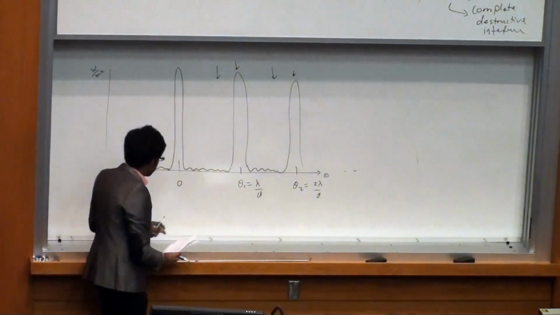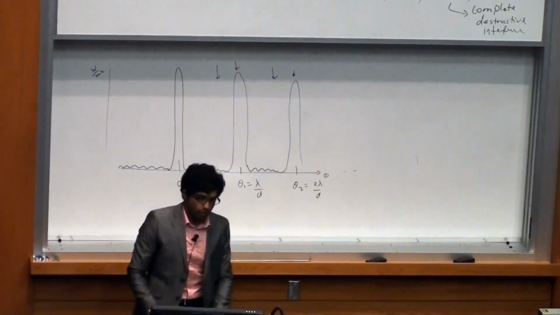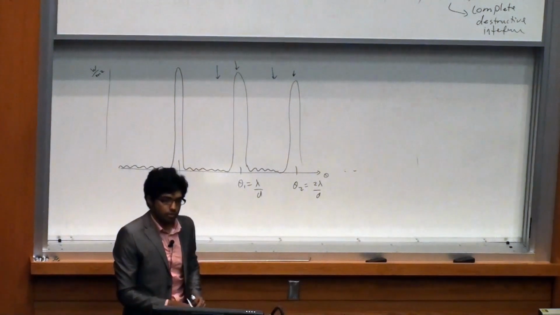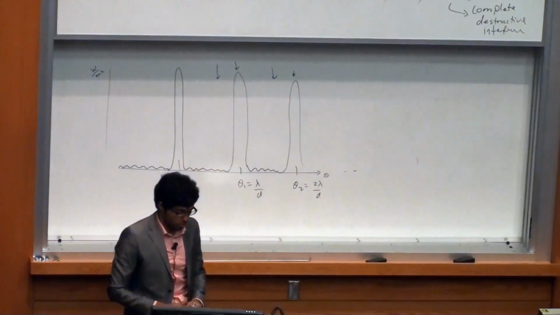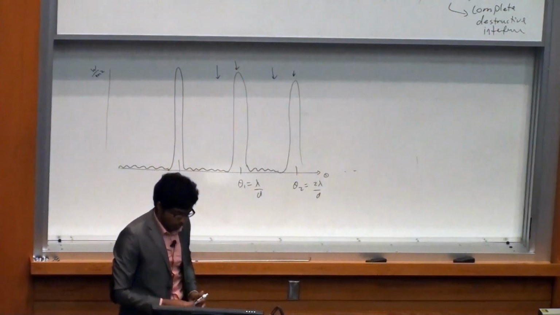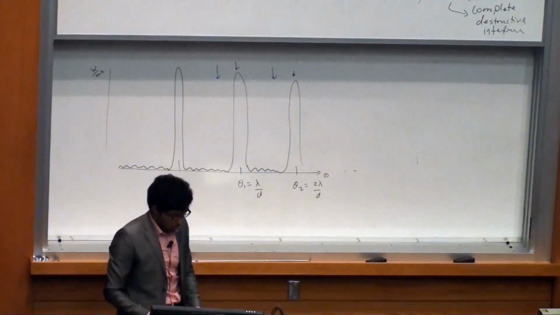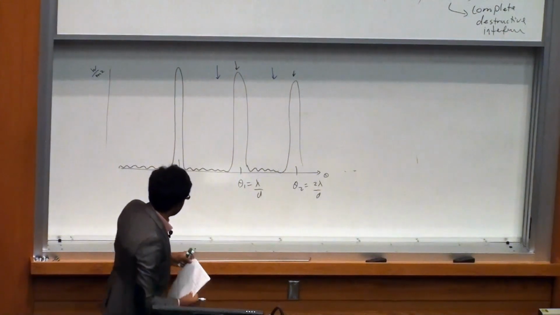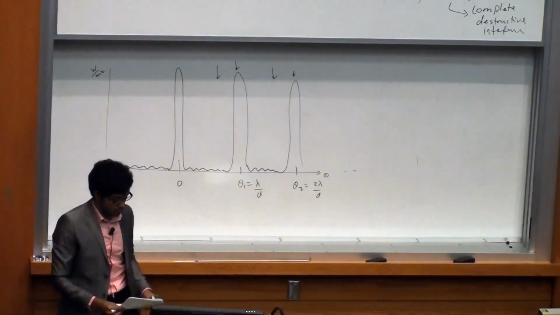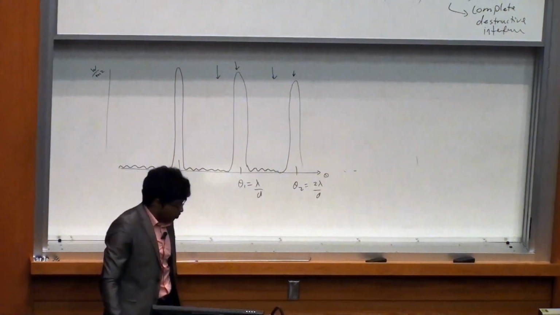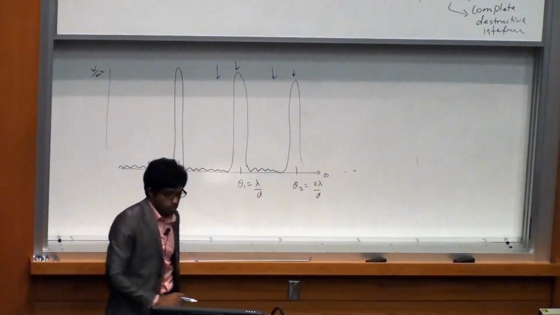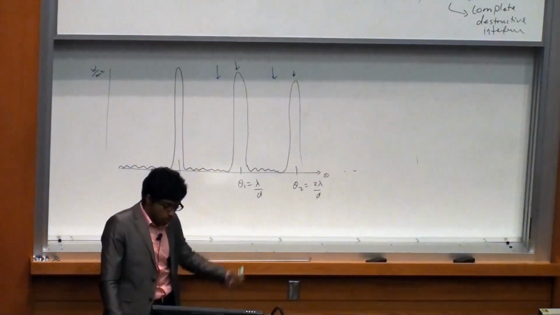So you'll see that for different colors, different wavelengths, their peaks will shift, and you'll get another rainbow-like effect that you guys saw last time. So the spacings, of course, will depend on what my wavelength is. The smaller the wavelength, the smaller the distances will be, and so on.